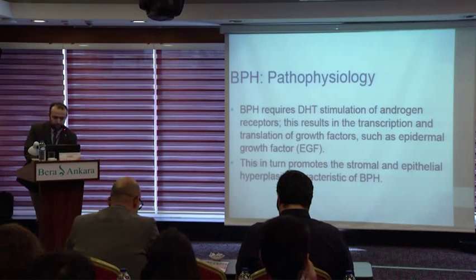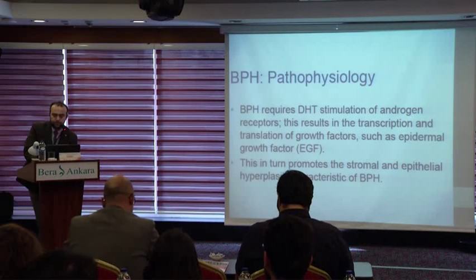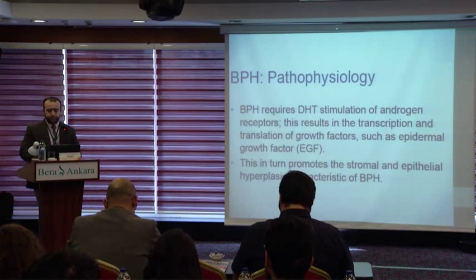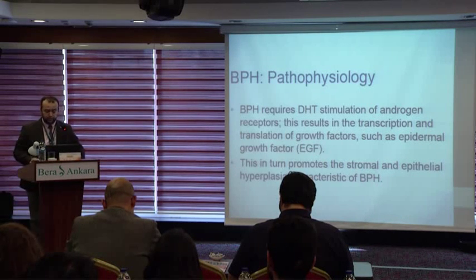When talking about the pathophysiology of benign prostatic hyperplasia, BPH requires DHT stimulation of androgen receptors, and this results in transcription and translation of growth factors such as epidermal growth factor.